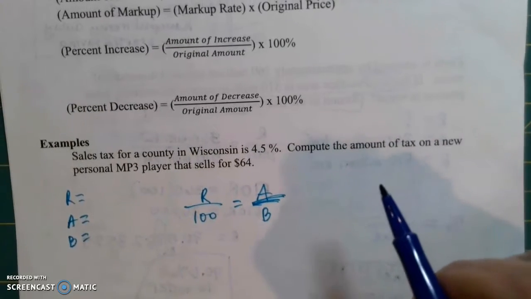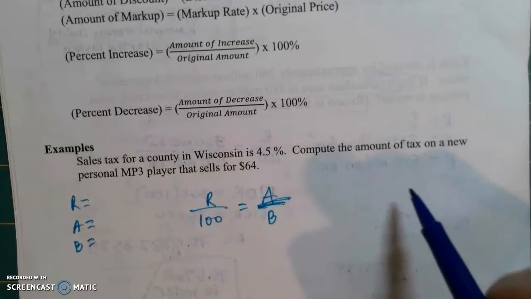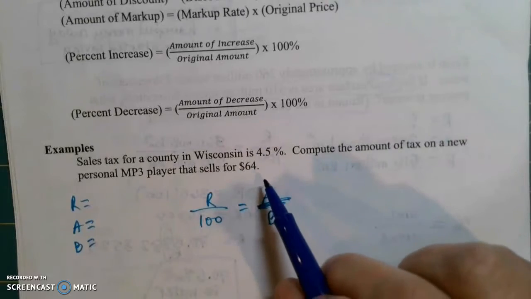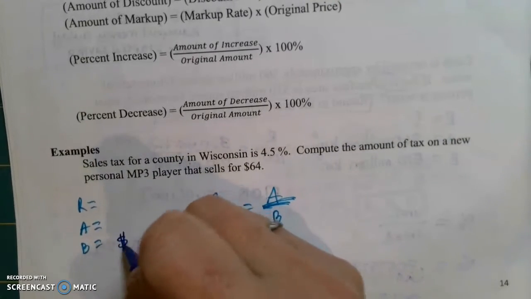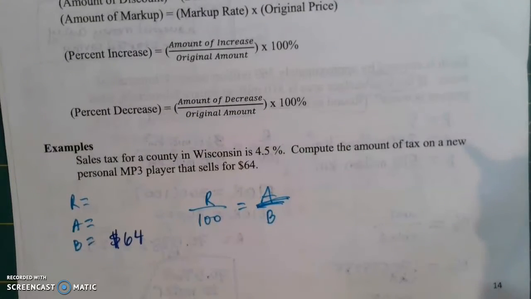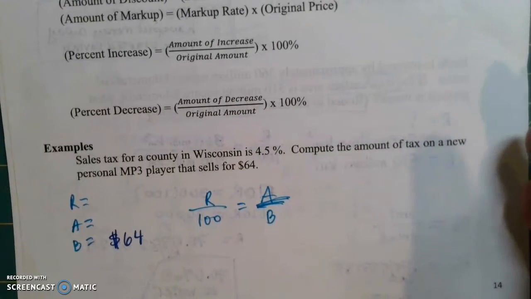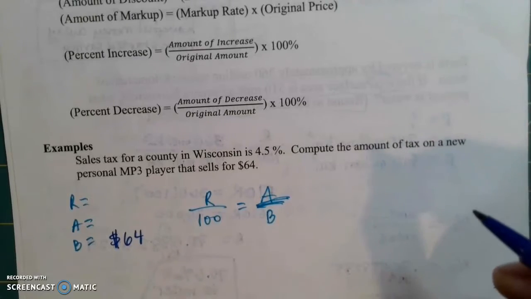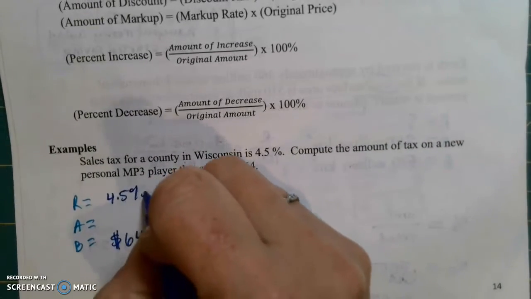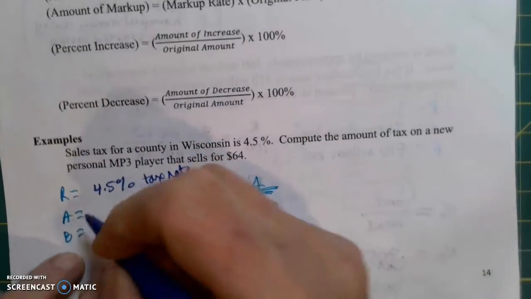So if the sales tax for a county in Wisconsin is 4.5%, compute the amount of tax on a new personal MP3 player that sells for $64. All right, so the price that you pay is what your tax is based on. If you spend more, you have a higher tax amount that you have to pay. Now the rate is the 4.5%, and that is the tax rate.